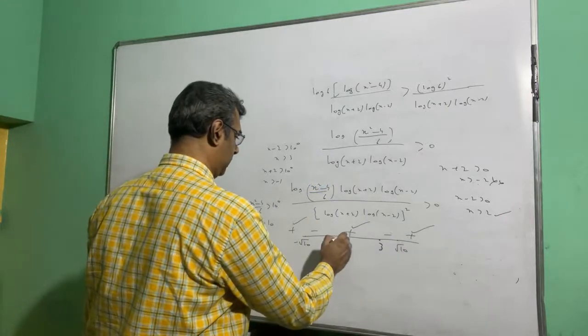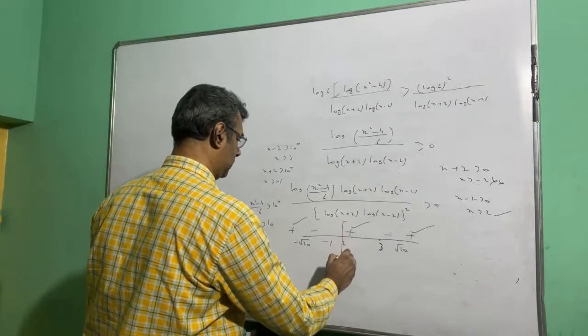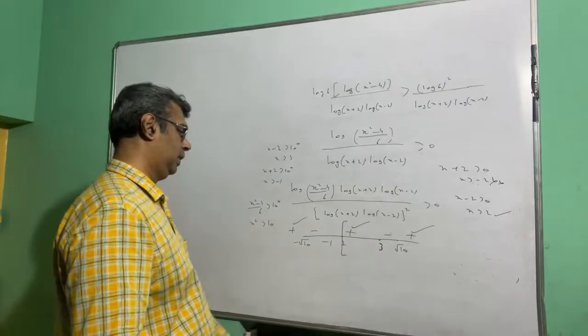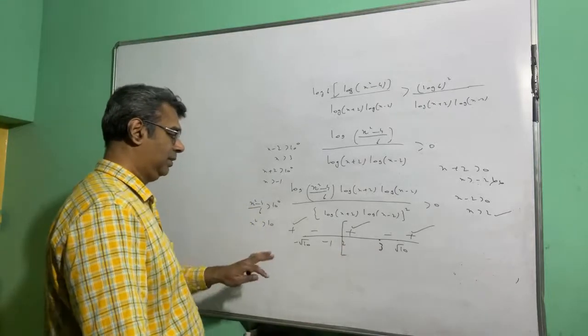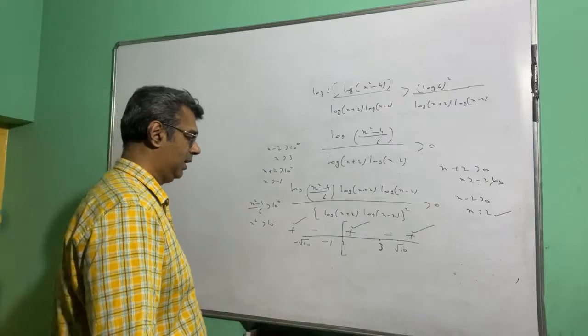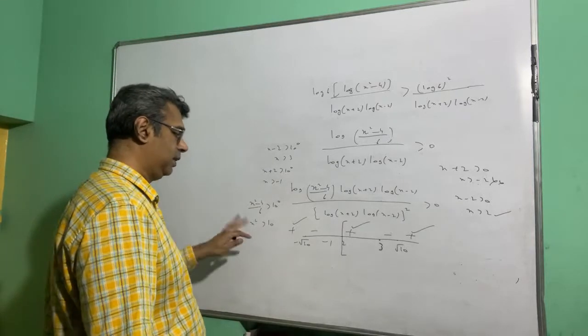So if x is greater than 2, that means we cannot have an answer below 2. So that means this portion we cannot have any answer. So our answer stands corrected. This positive part of the wavy curve, forget it.